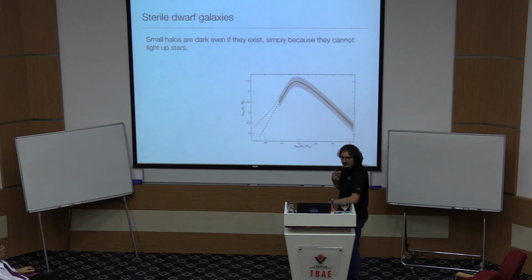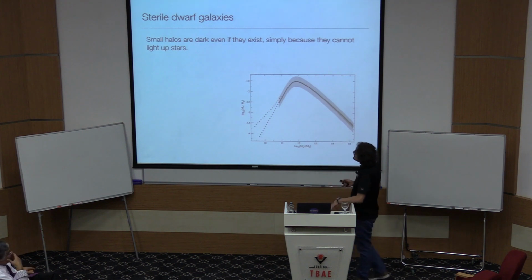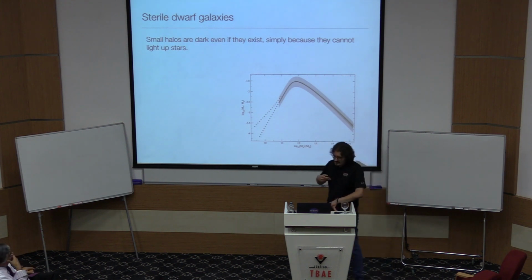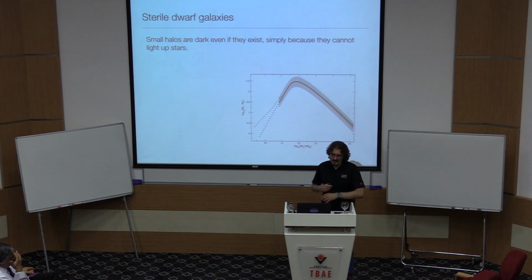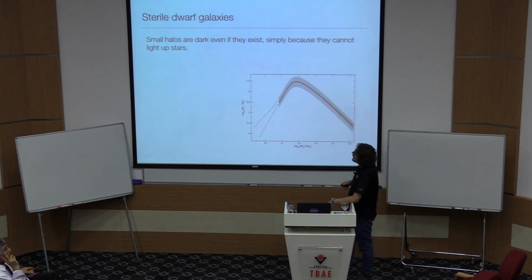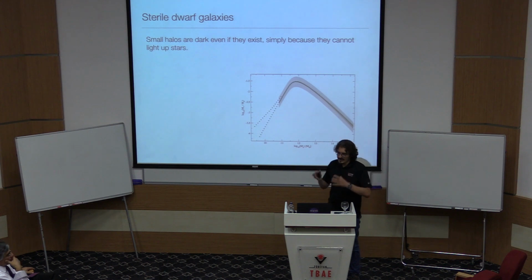By the way, you may be wondering why these small halos are dark if they exist. The reason is that during reionization, because the gas gets reionized, that is, the protons get separated from the electrons, you really cannot cool the gas to produce stars in such small halos.